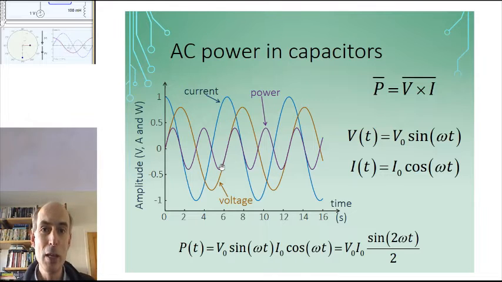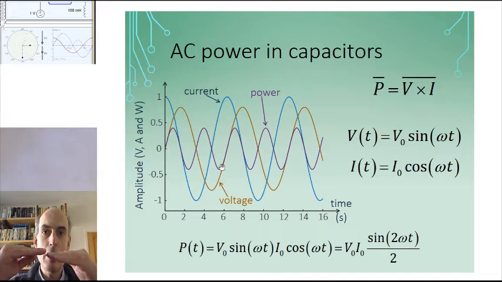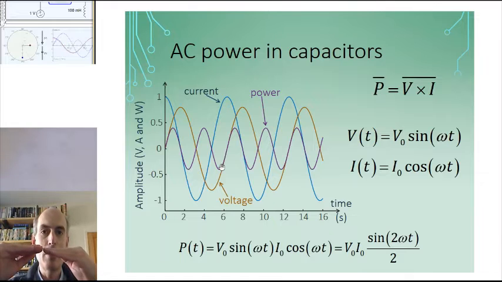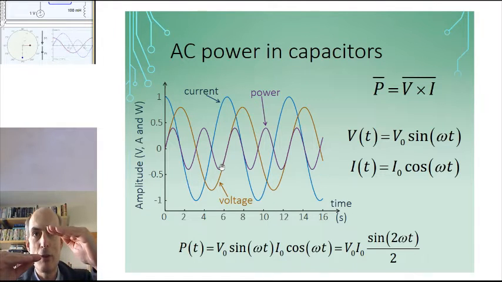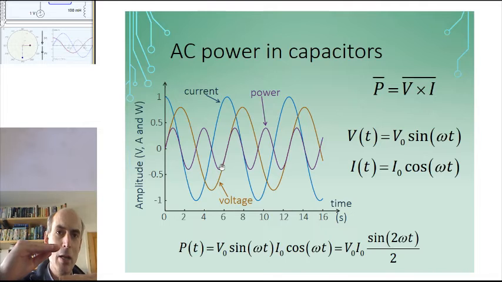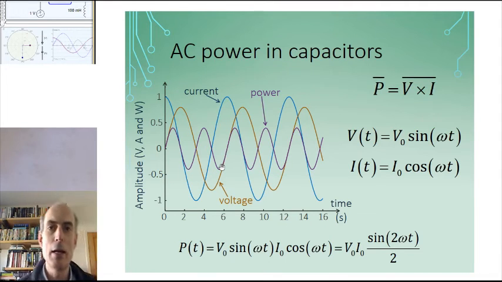All they do is alternately store energy in their electric field and then push that energy back into the circuit, and then store energy in the electric field in the other direction, and then push that energy back, and so on.